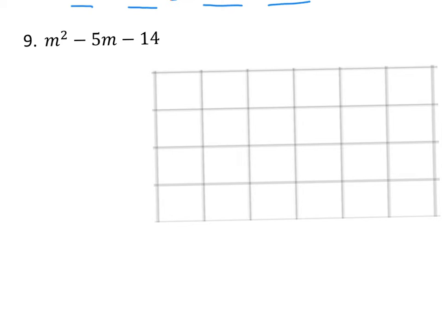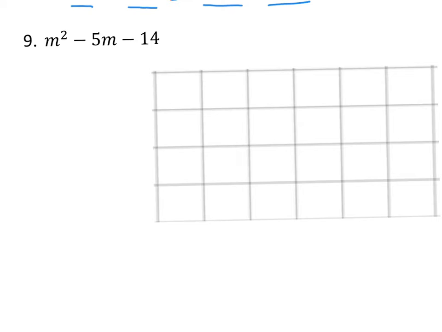And so then we look at the first column, and the greatest common factor between m squared and 2m is, again, m.